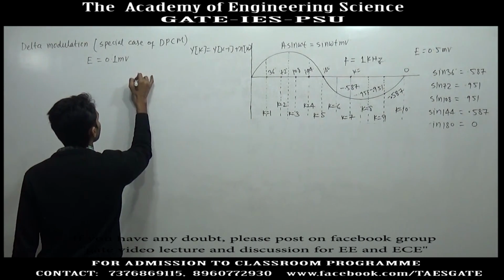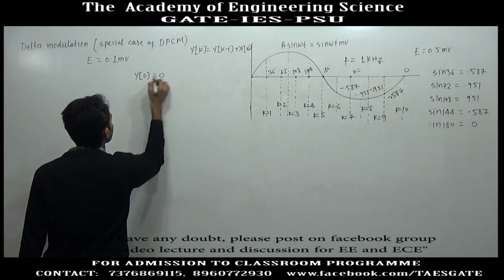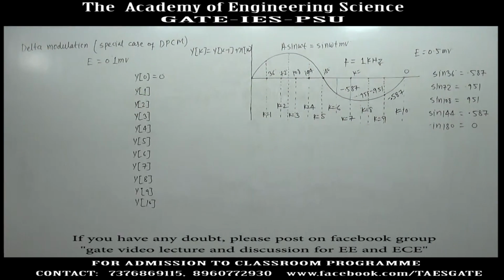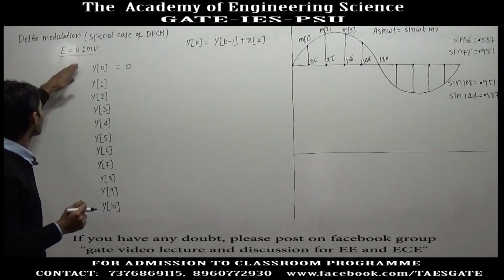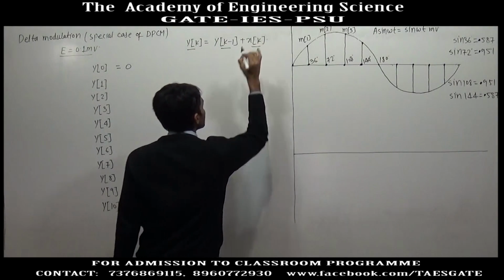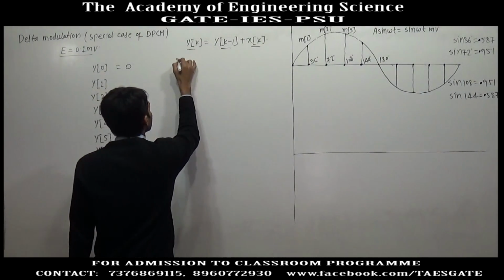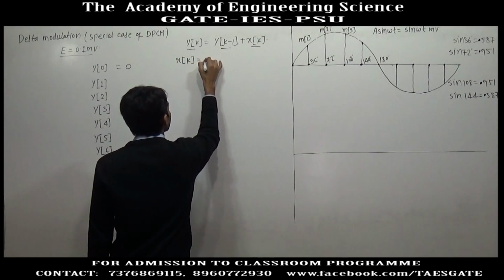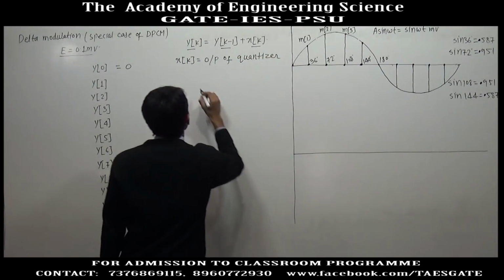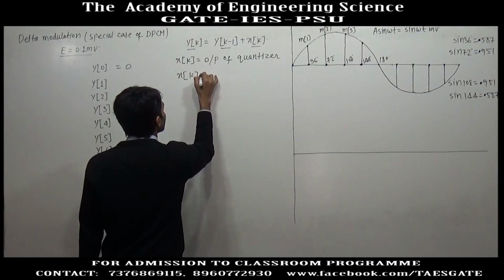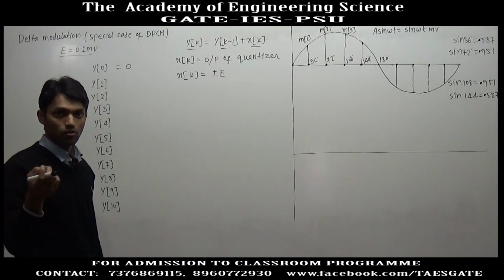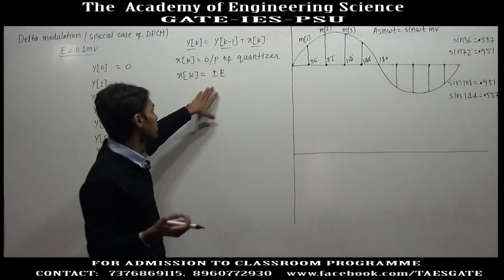We have to obtain, suppose y0 is equal to 0, we have to obtain y1, y2. To draw the waveform for threshold of 0.1 millivolt, we have yk equal to yk minus 1 plus xk, where xk is the output of quantizer, and values of xk may be plus minus a, depending upon whether the estimated value of previous output is greater than the present input or not.